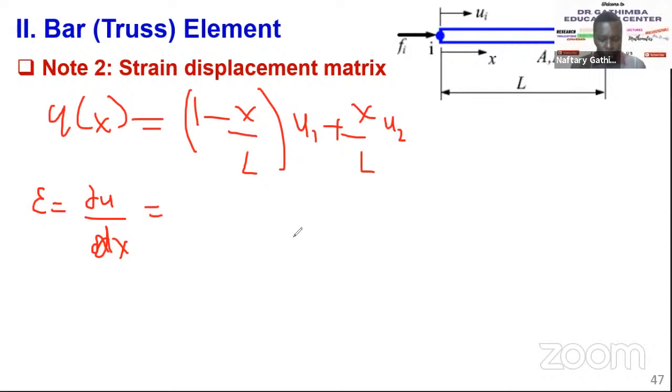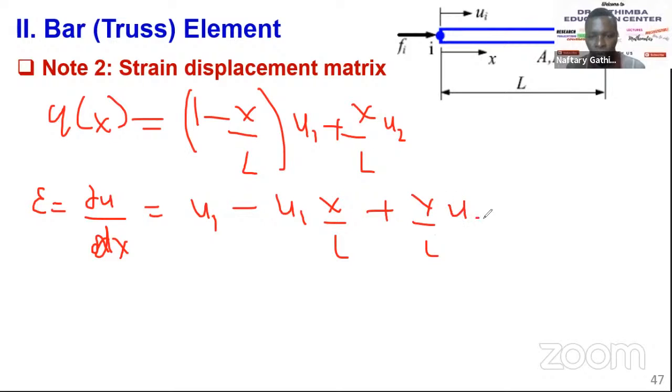Yes. So let's write this in matrix form, because we are differentiating in terms of x, d over dx. So let's have the equation in terms of x instead of u. You are going to have, of course, when you open this up, u1 minus u1 x over L plus x over L u2.